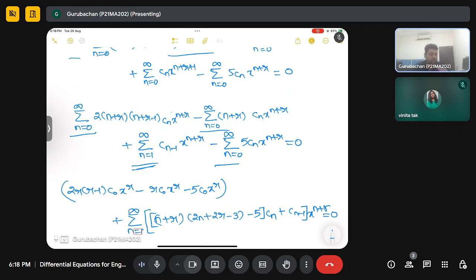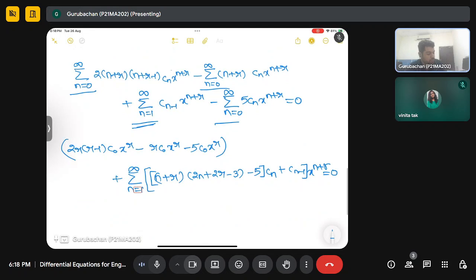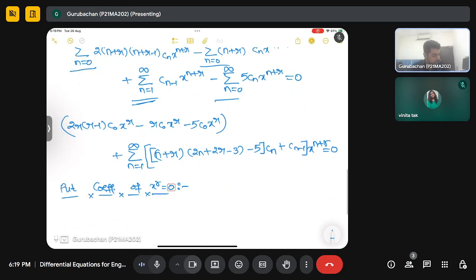Now, by putting the coefficient of x to the power r equal to 0, you may also say that we are comparing the powers of x, you will get (2r(r minus 1) minus r minus 5) c_0 equal to 0.